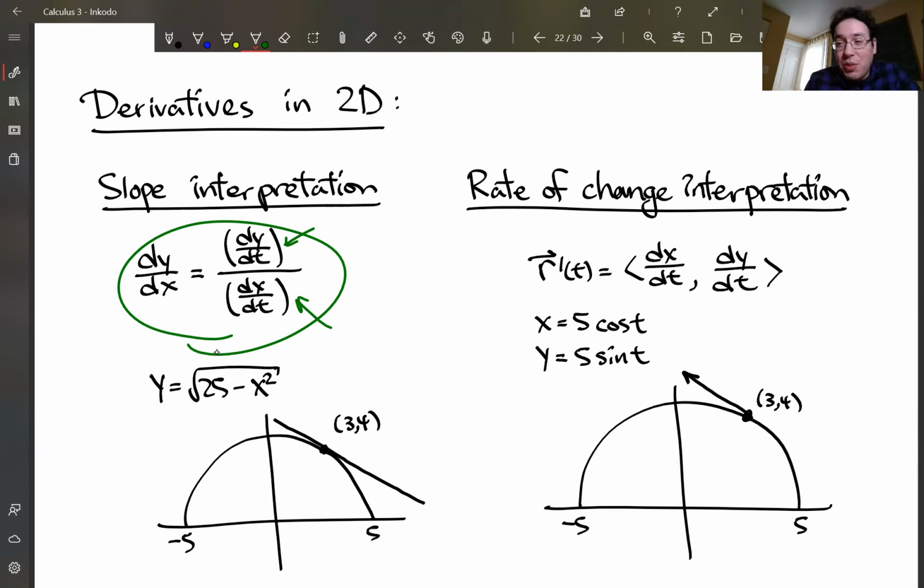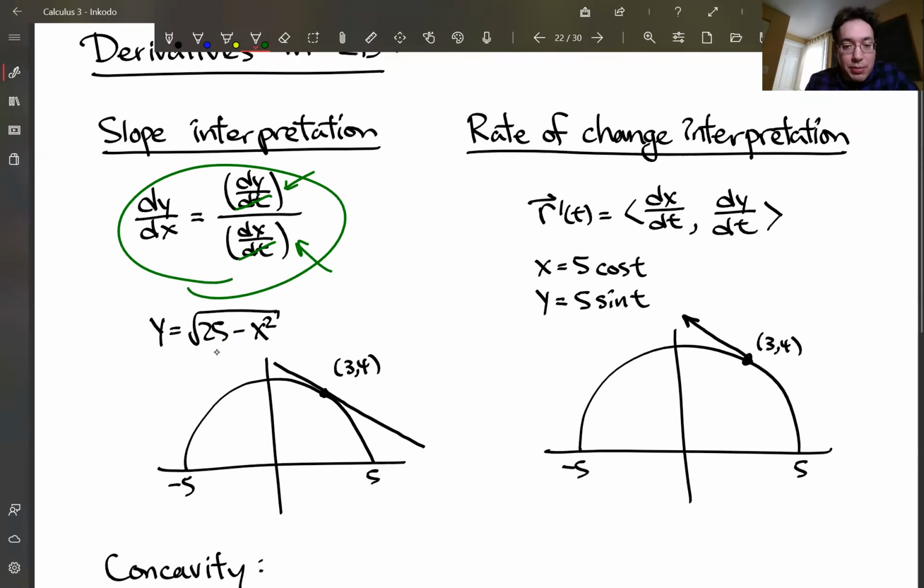And if you squint your eyes, I know the derivative is not actually a fraction, but if you pretend you multiply dt on top and bottom, you could see that the dt might cancel out and you get dy over dx. So change in y divided by change in x. That's how you could compute a slope of a parametric function or a vector function.